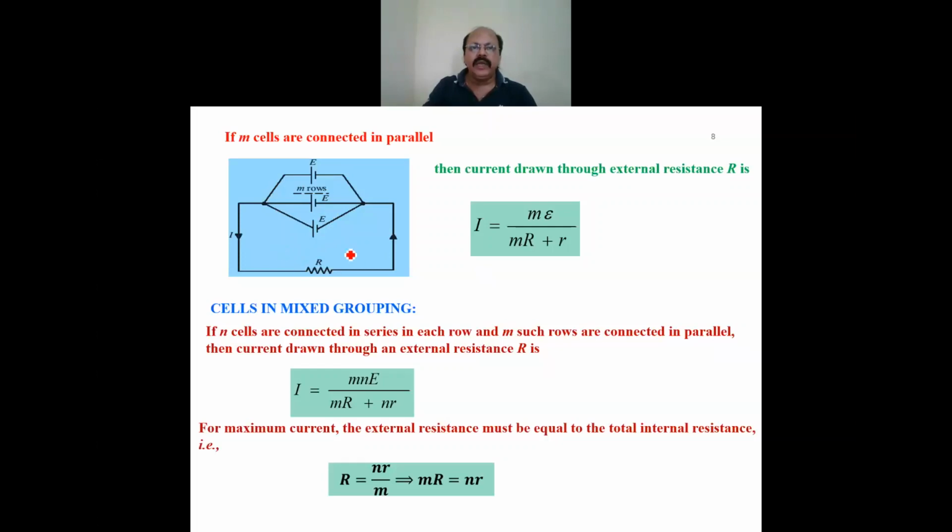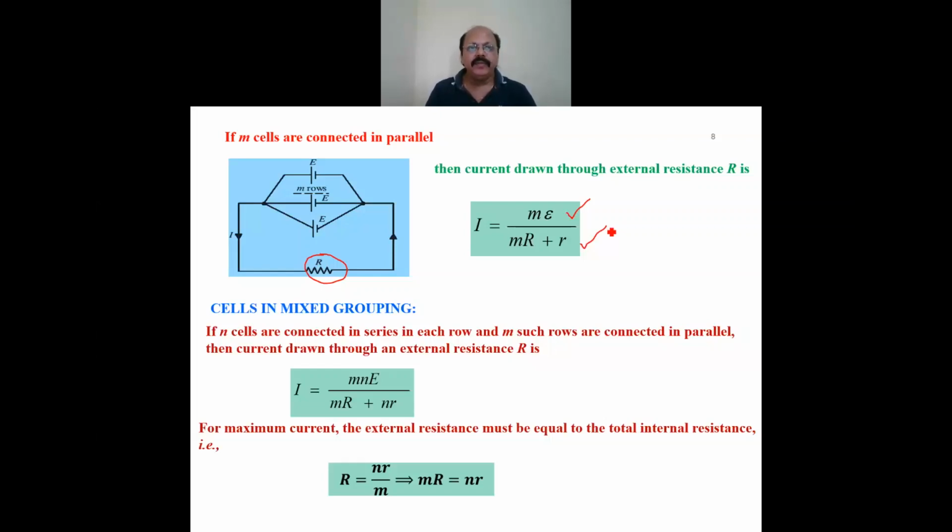Then the current through the external resistance, this capital R, is I equal to mE, total EMF of this combination, upon total resistance mR plus small r. So this is the current through the external resistance when m cells are connected in parallel.